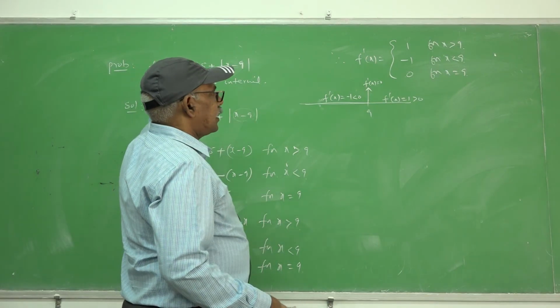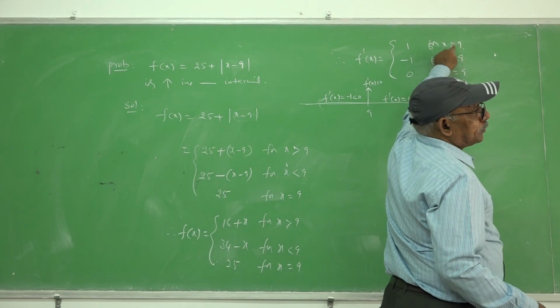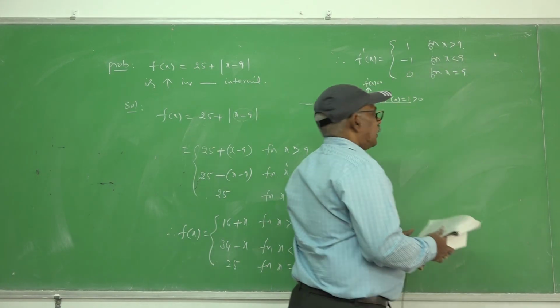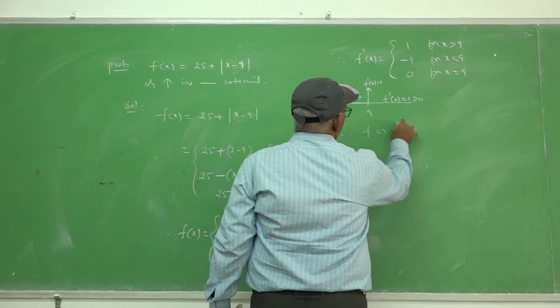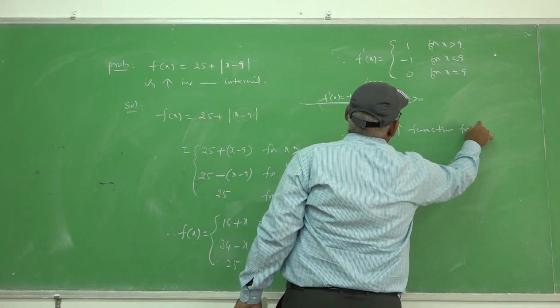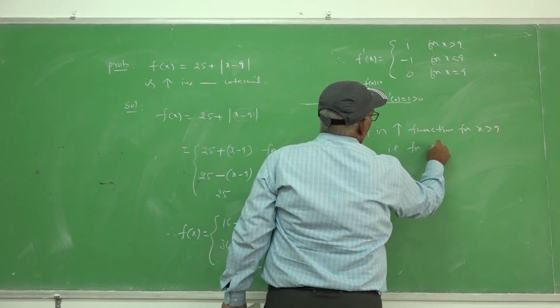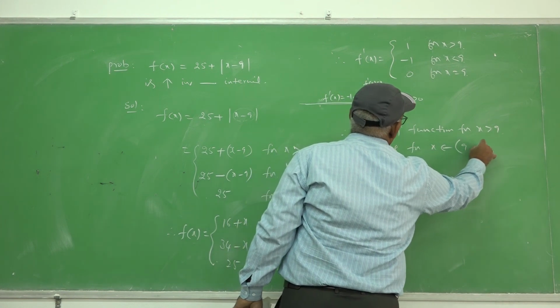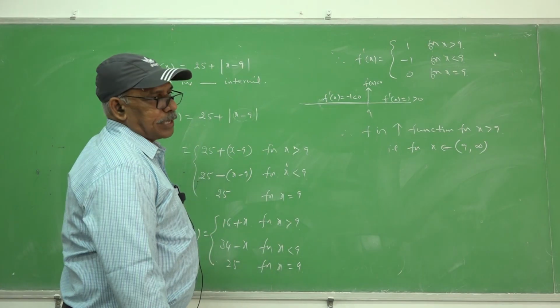So f is clearly increasing when f dash x is positive, for x greater than 9. Therefore, f is an increasing function for x greater than 9, that is for x belongs to 9 to infinity. This is the interval in which the function is increasing.